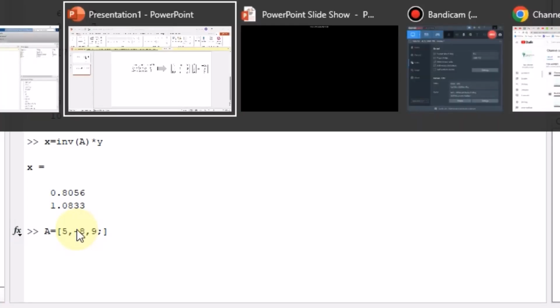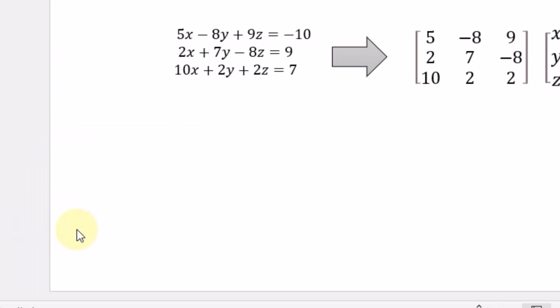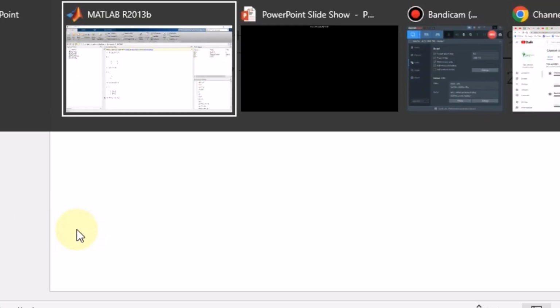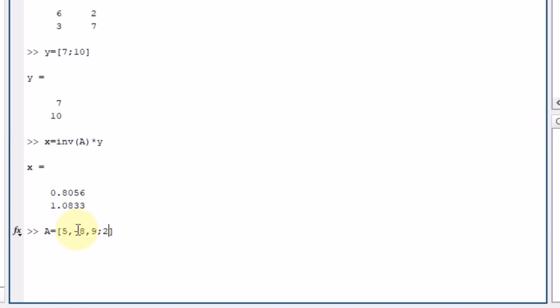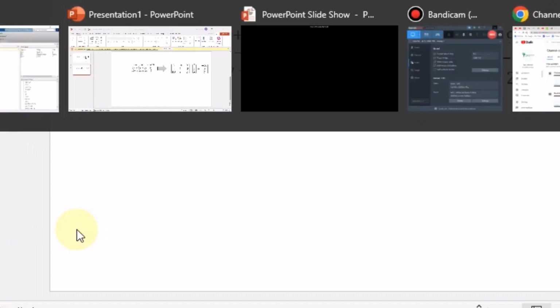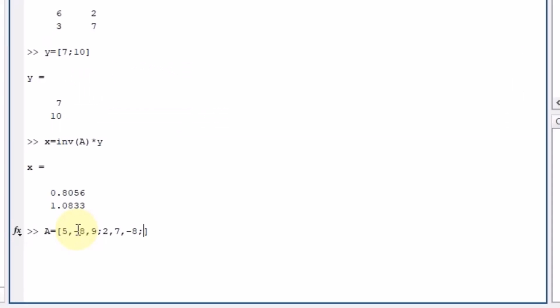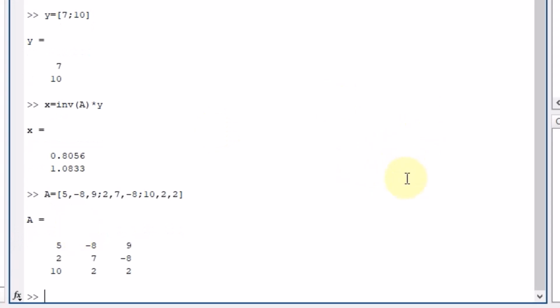Similarly, in the second row I have 2, 7, minus 8. In the third row, I have 10, 2, 2. So that is my matrix A.